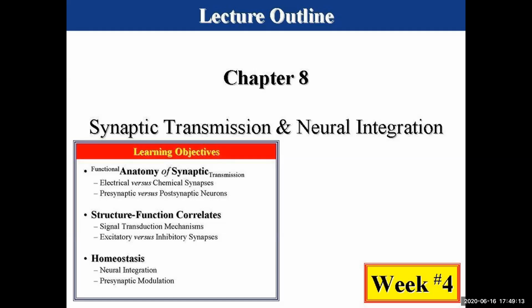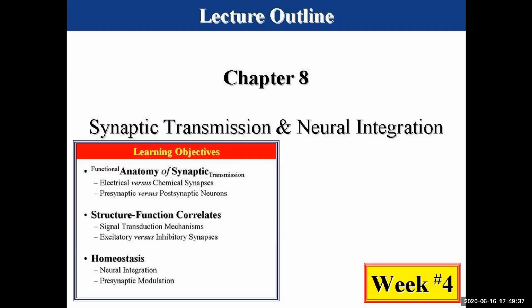The axon hillock generates an action potential, and the axon propagates the action potential down the axon. When it hits the axon terminal, it induces the release of chemical messengers by the axon terminal called neurotransmitters. So that's chapter 7.